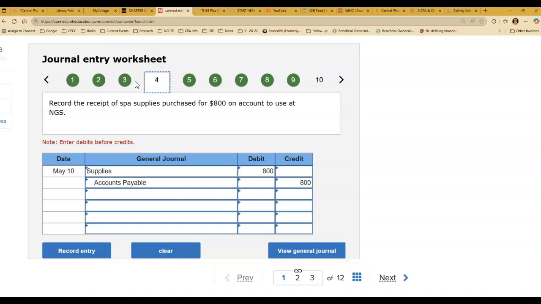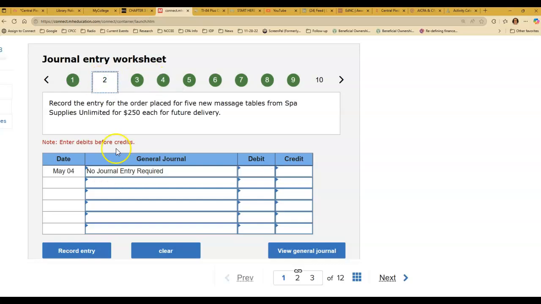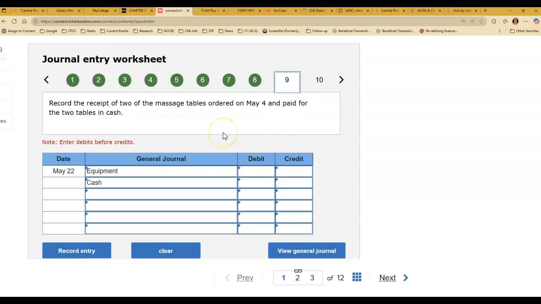No, there it is. There's our massage tables. So they were $250 each. How many did we receive? 2. So good. $500 for the debit and credit. How we doing? Okay.